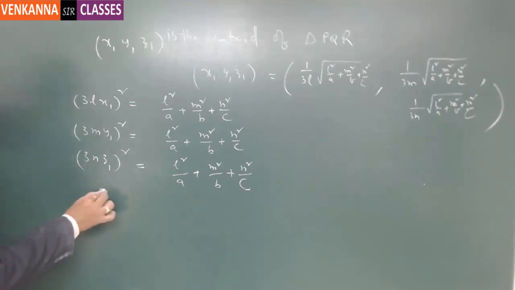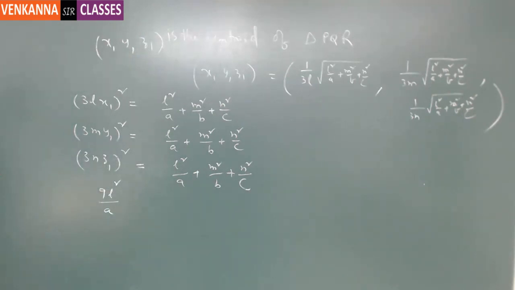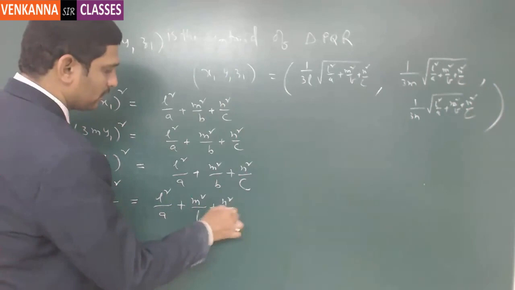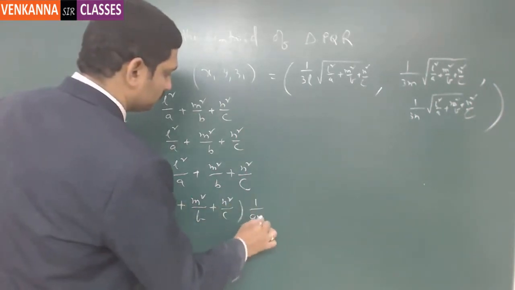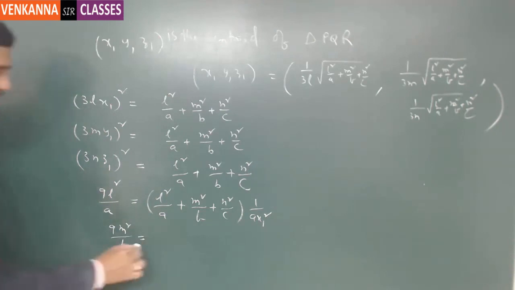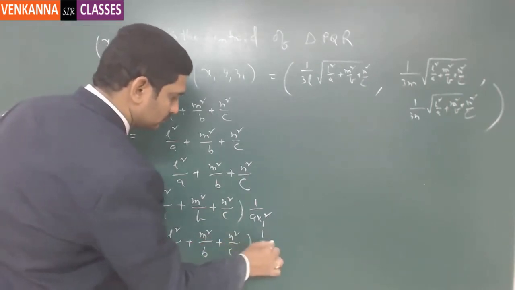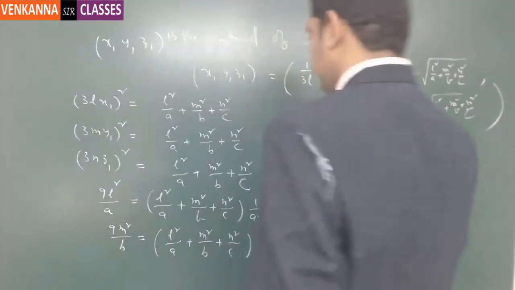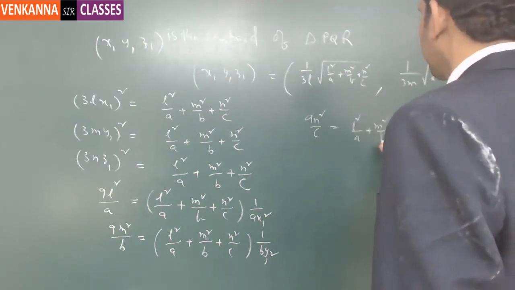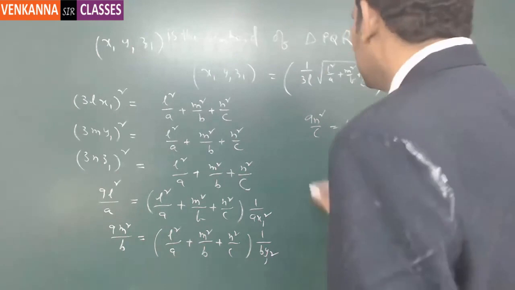So what happens? 9 l square by a is equal to... if you add that, you will have this.